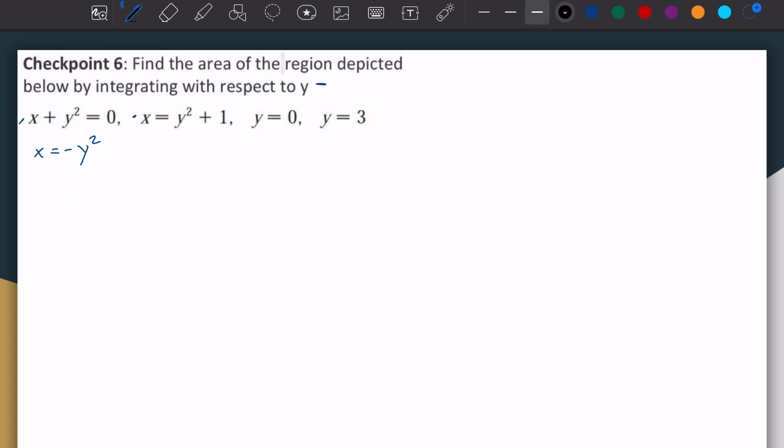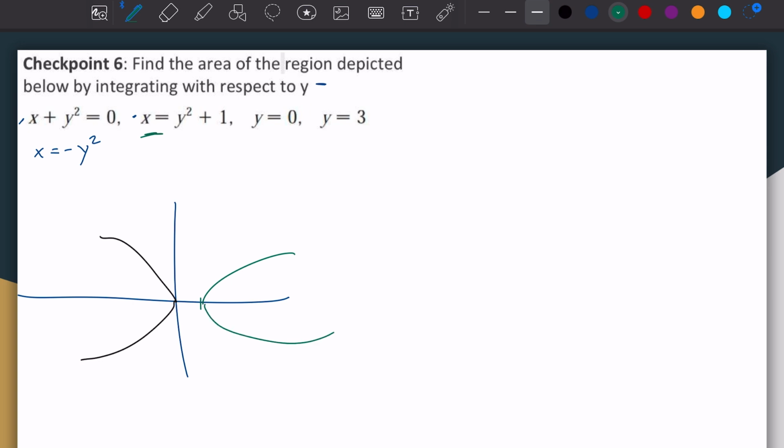So we'll go ahead and just draw this first so we can get an idea of what this looks like. X equals negative y squared is, let's draw a better graph here, just going to be a leftward facing parabola, and then this one here is going to be in green, y squared plus 1, rightward facing, to the right 1, here and here, and then y equals 0.